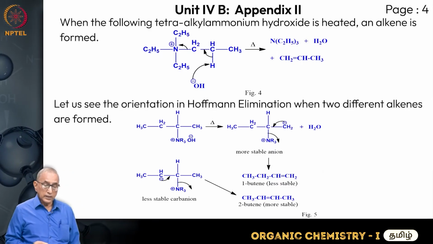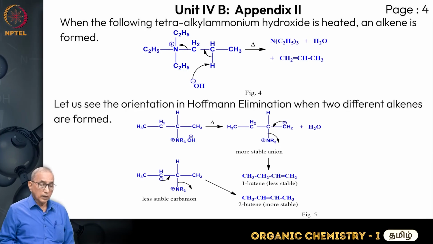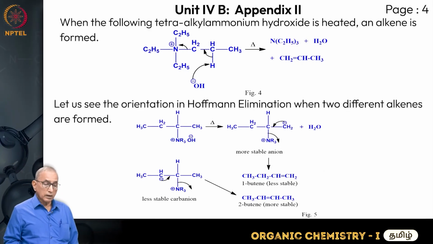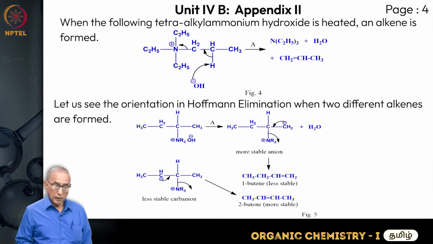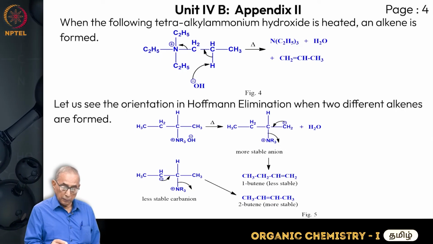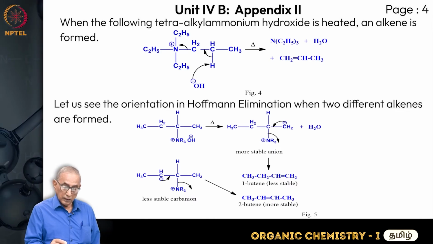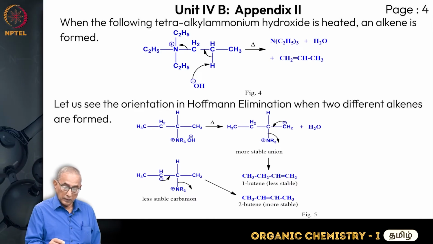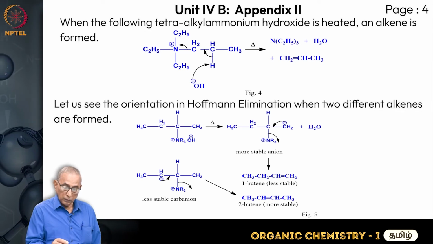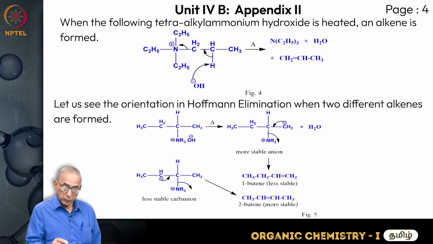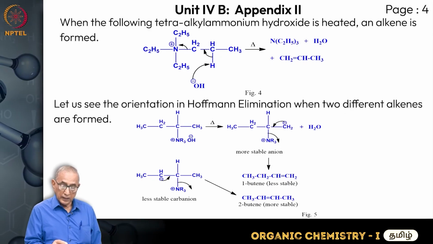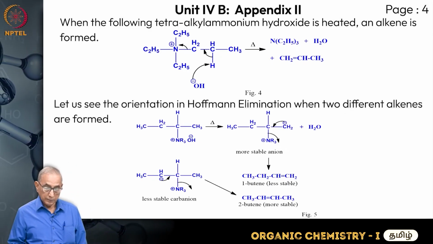Now, the orientation of the Hofmann elimination, when 2 different alkenes are formed. Now you have the same type of NR3 plus, the trialkylamine, there is a 4th alkyl group, this is 2-butyl group. So, 3 alkyl groups plus 1 more alkyl group, 4 alkyl groups, then the nitrogen becomes plus.